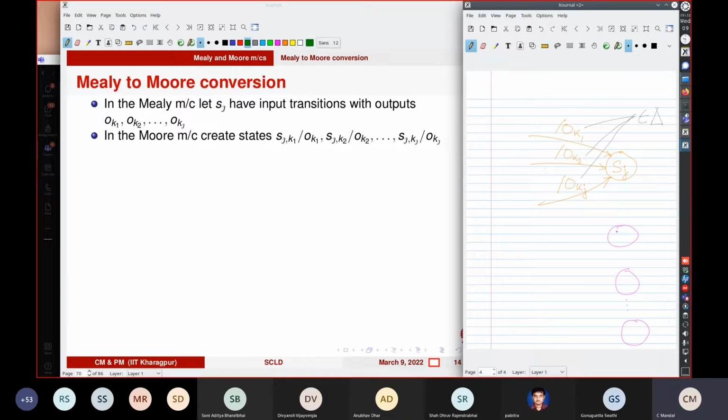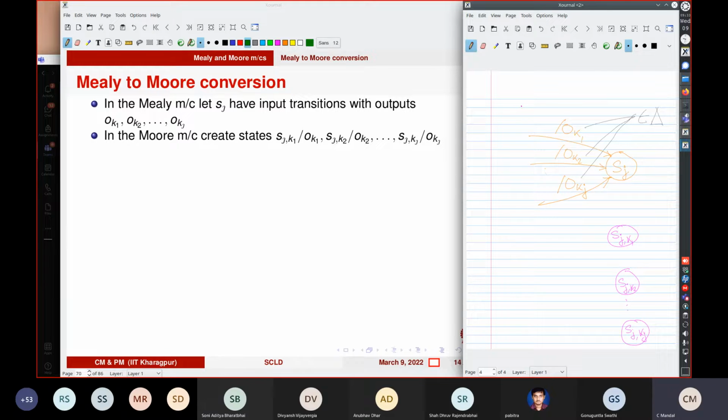You create copies of this state: SJK1, and so on, up to SJKJ.